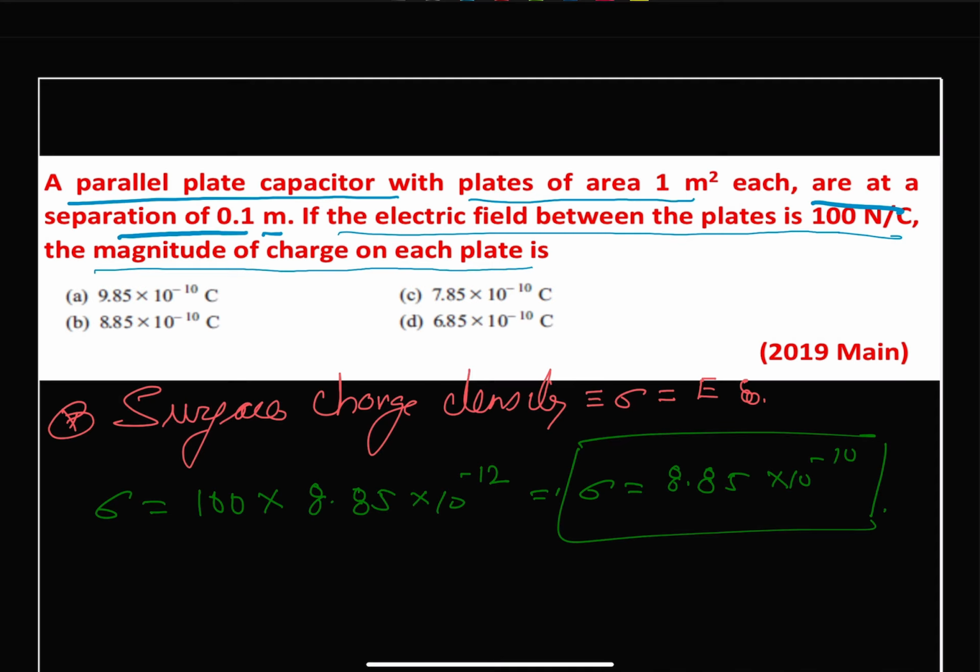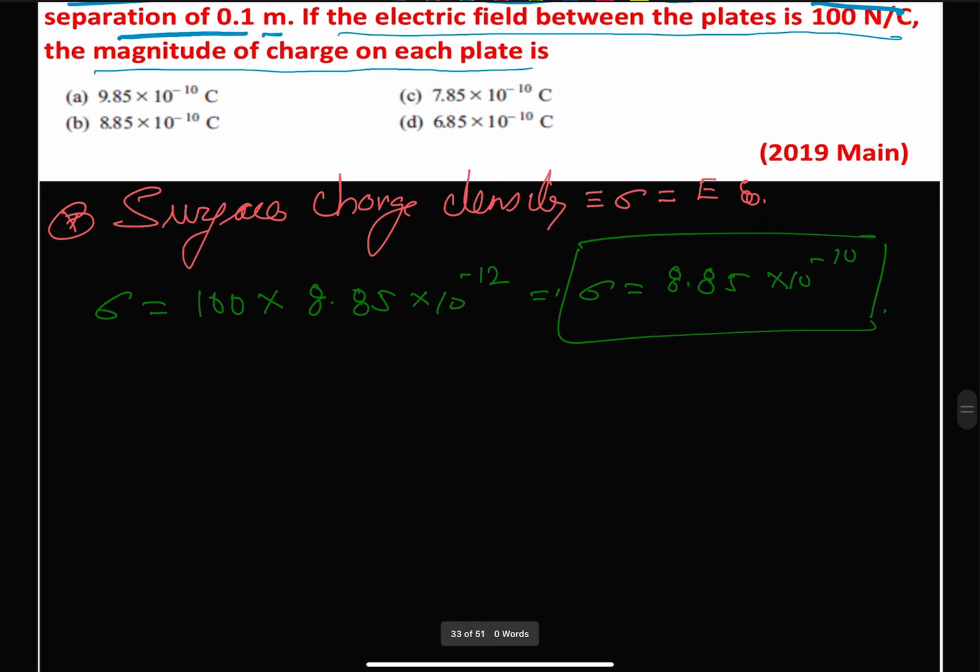And now we are going to use this surface charge density, or we know the surface charge density is equal to charge per unit area, and from there we are going to find out the charge. So we can say that our sigma is equal to charge per unit area. From here we can say our charge is equal to sigma multiplied by A, and this comes as 8.85 into 10 to the power minus 10.